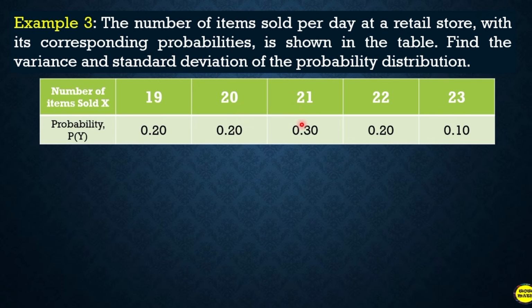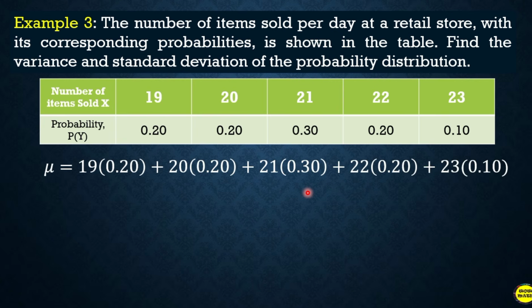For 21, 0.30. For 22, 0.20. And for 23, that is 0.10. So, ganun ulit yung proseso. Kailangan makuha muna yung mean value ng probability distribution by multiplying the value of random variable sa corresponding probability nila and then get the summation.